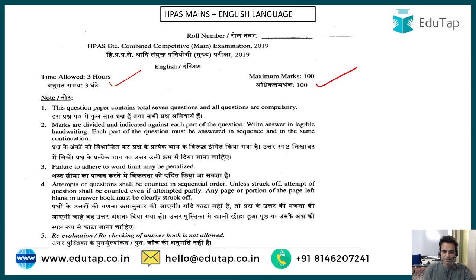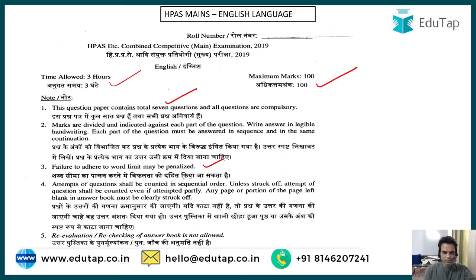There were some specific instructions: there are a total of 7 questions, all of which are compulsory. Marks are given to each and every question, and you have to write in legible handwriting. It should be clear and readable. You have to adhere to the word limit, otherwise the answers would be penalized.